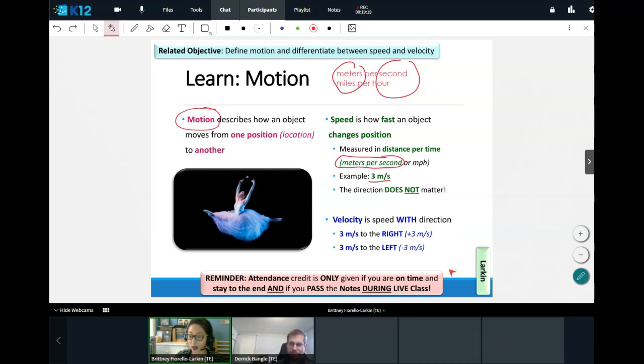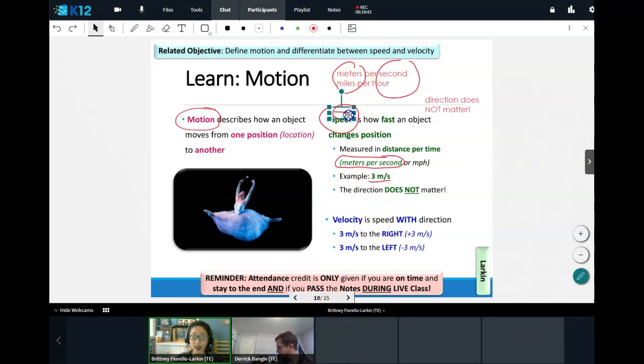No, it doesn't. We only have positive speeds on the car. So regardless of whatever direction you're going in, your car always says that you have a positive speed. So that's important to think about here. With speed, the direction does not matter. It's always a positive number.